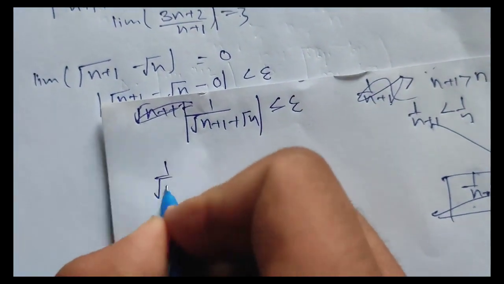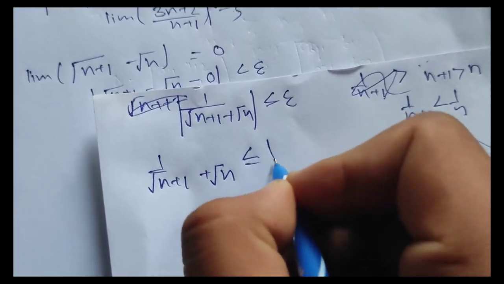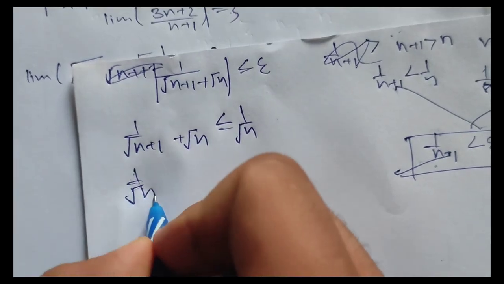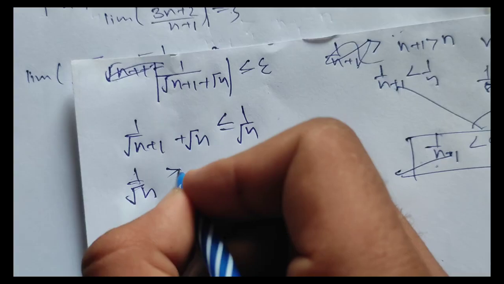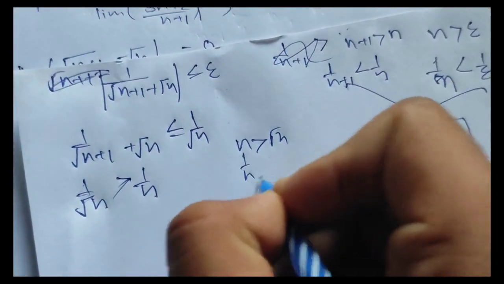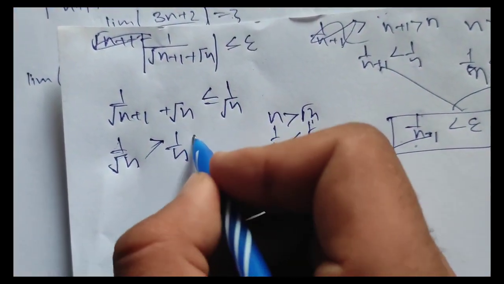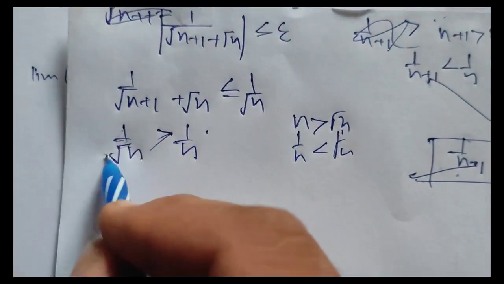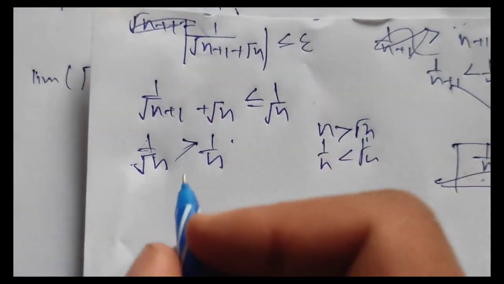We can say that 1/(root(n + 1) + root n) is always less than or maybe equal to 1/root n, and 1/root n is greater than 1/n because n is greater than root n, so 1/n is less than 1/root n. You can see that.